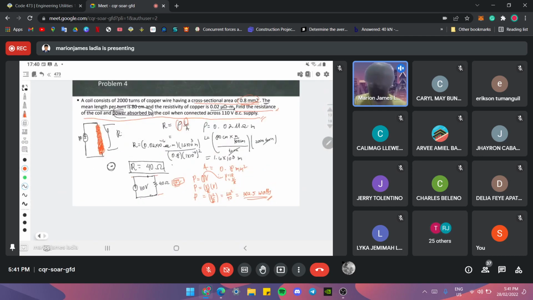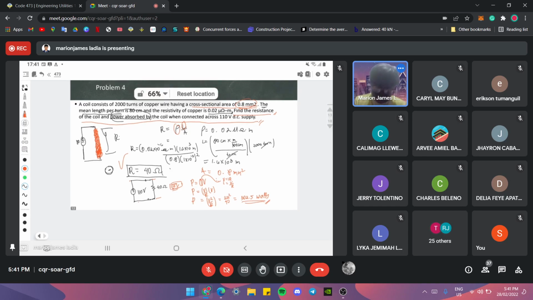So, inuulit ko yung ginamit nating formula, R is equal to rho L over A. So, after that formula, nung nakuha natin yung R, kinuha natin yung power which is equal to IV. And then, since wala tayong I, nag-Ohm's law tayo, V equals IR, wherein I is equal to V over R, and then nag-substitute na lang tayo, V squared over R. Okay, so ganun lang, guys.